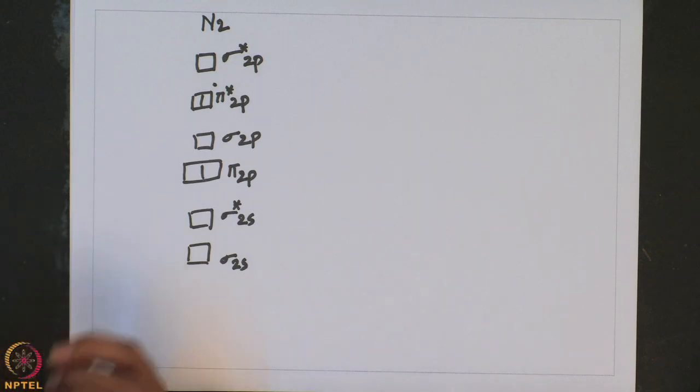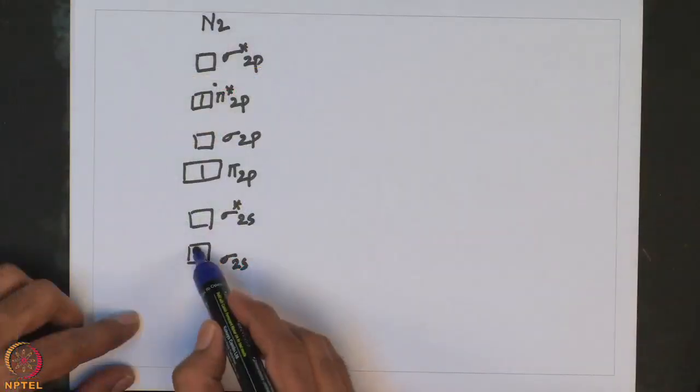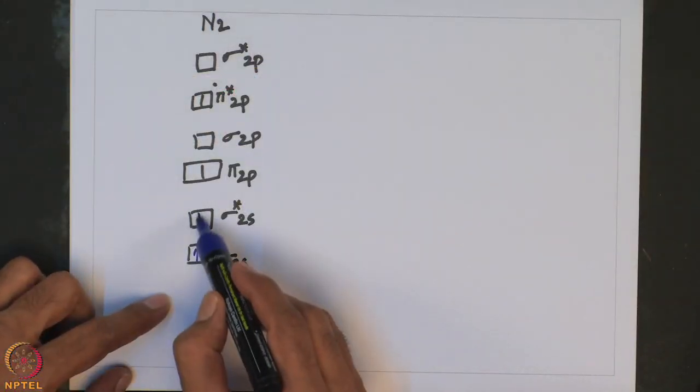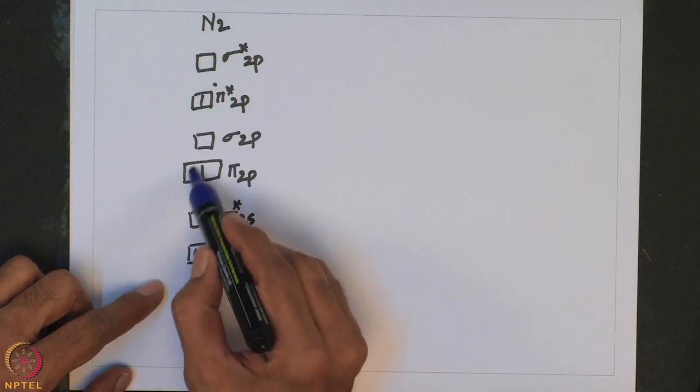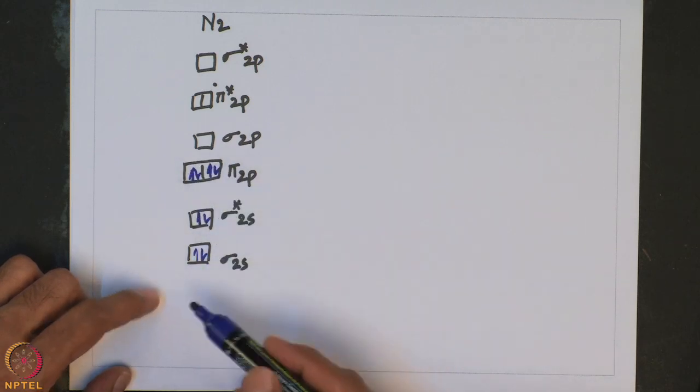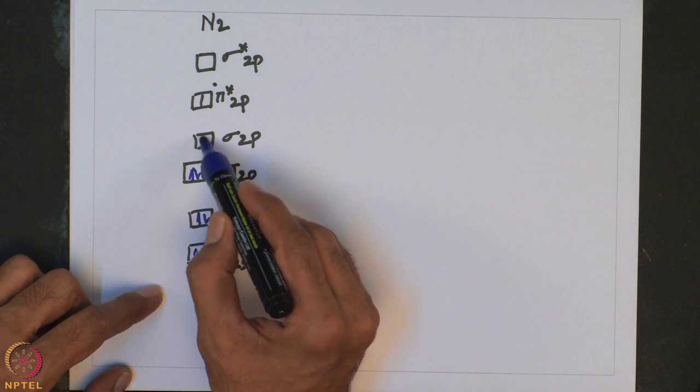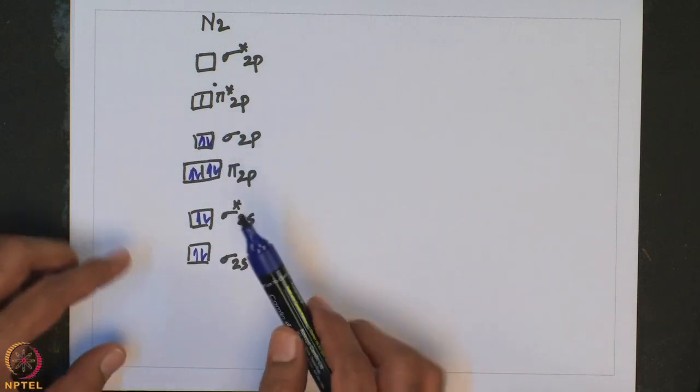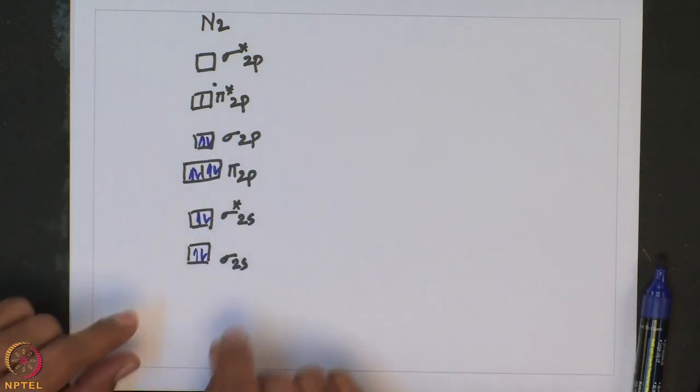in its valence shell, that is 1s2, 2s2, 2p3. So, we have 5 electrons from each nitrogen, so we have 10 electrons, and those 10 electrons have to be filled here. 2 electrons will go here and 2 electrons here, 2 here and 2 here. Now, 2, 4, 6, 8, and this is it. So, this is how you can show the filling order for N2.